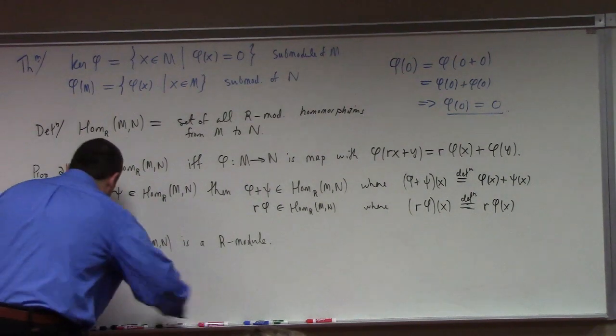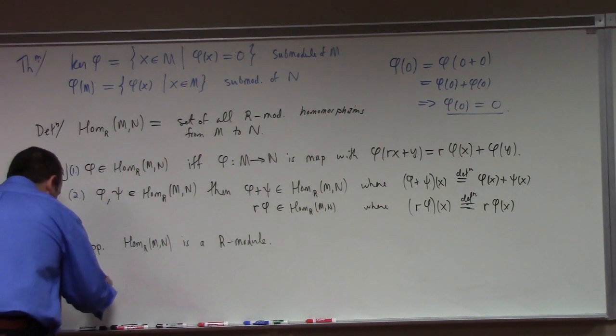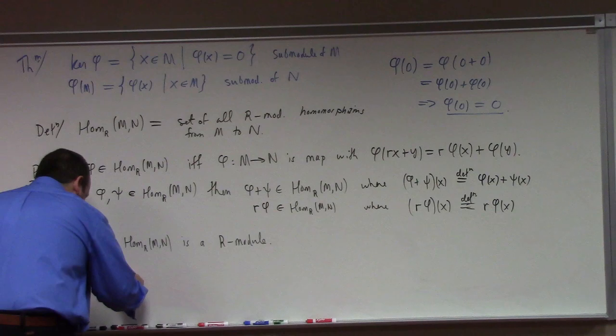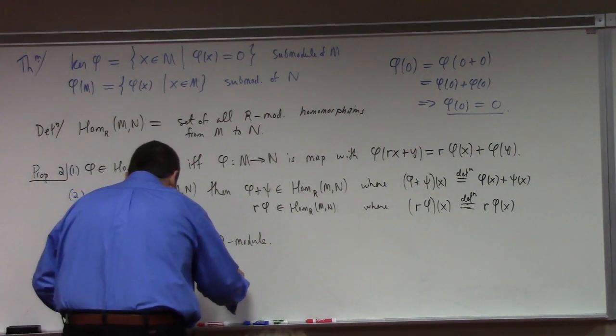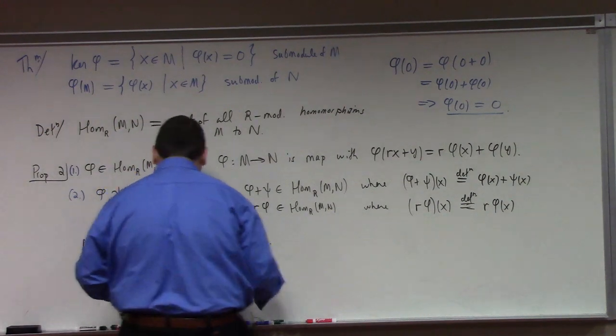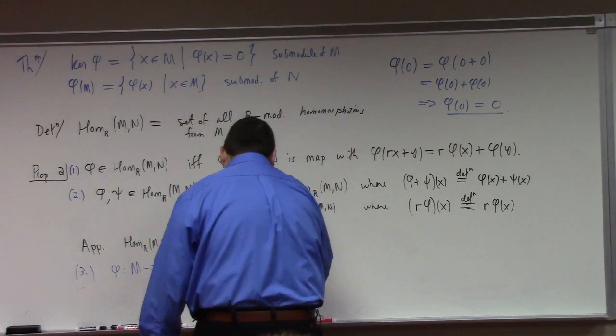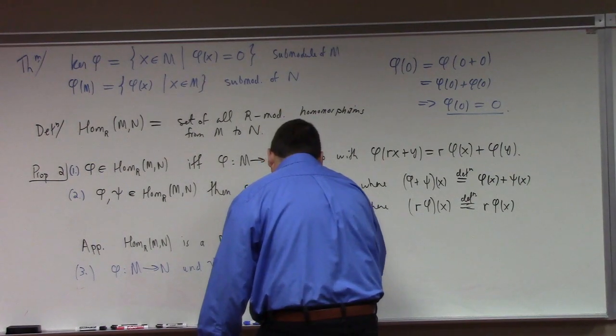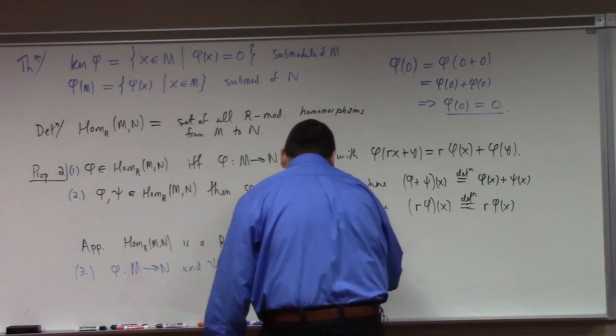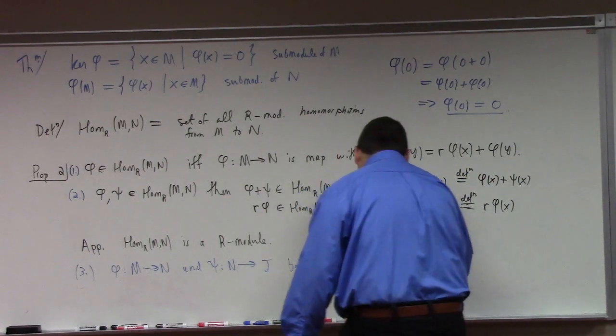All right, so 3 says if you have phi going from M to N, and if you have psi going from N to, let's say, I need another letter, how about J? Both R module homomorphisms, then what?